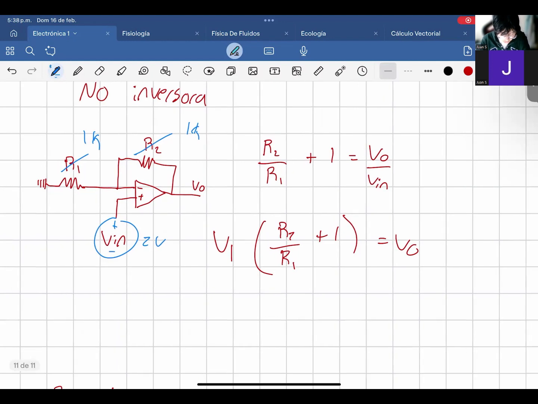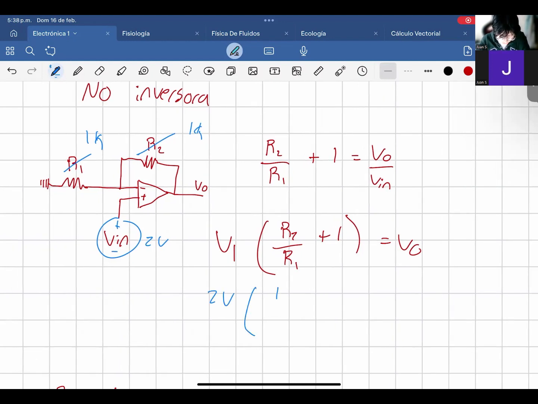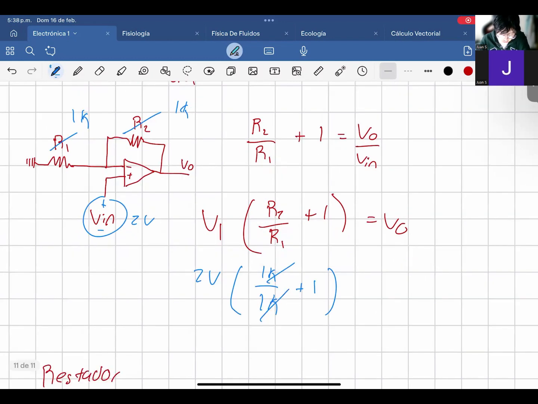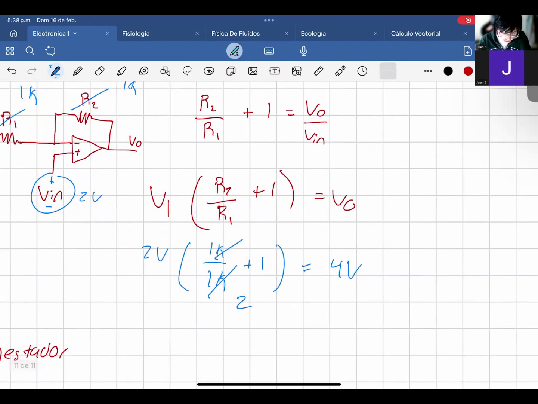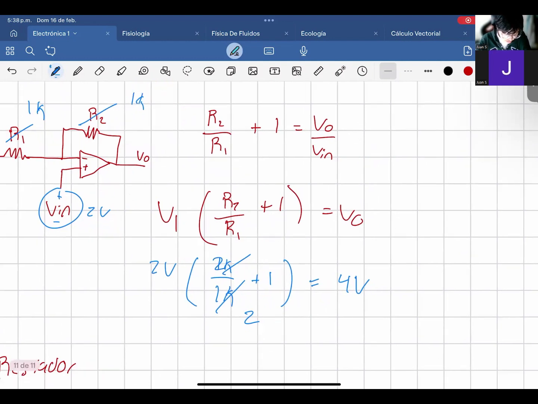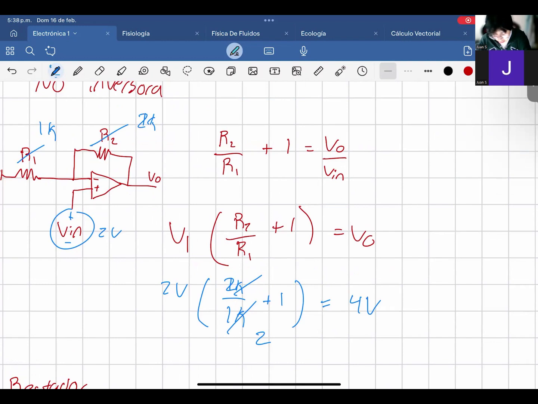Then we would have the following: 2 volts multiplied by 1K over 1K plus 1, canceling units. So this is 2, and 2 plus 2 equals 4. So the output voltage in this case would be 4. Or let's say now we change this value to 2K, so R2 would be 2K. Then this value would be 3, and 3 times 2 would be 6 volts.